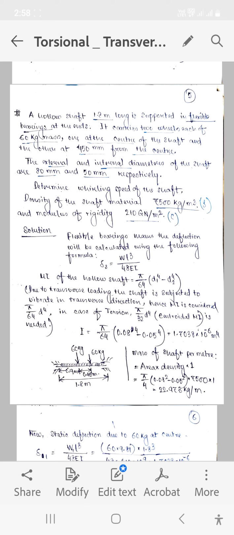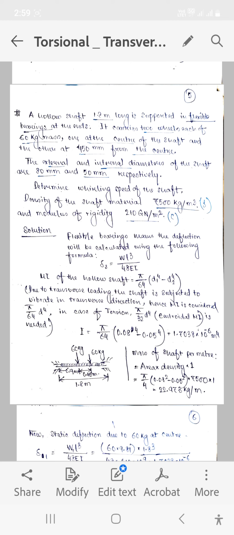For that also we know the formula, W a square b square by 3EIL, the formula for offset loading. I have discussed that in the last video also.